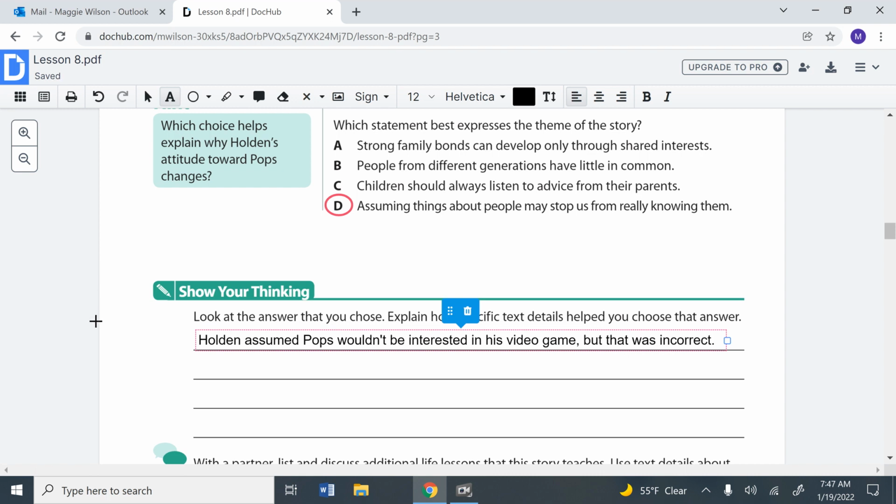Okay, go ahead and click on part 2 for the guided instruction for this lesson.